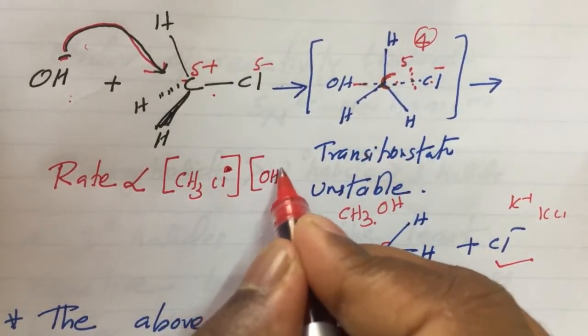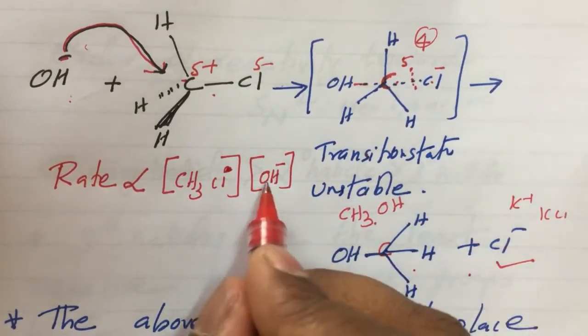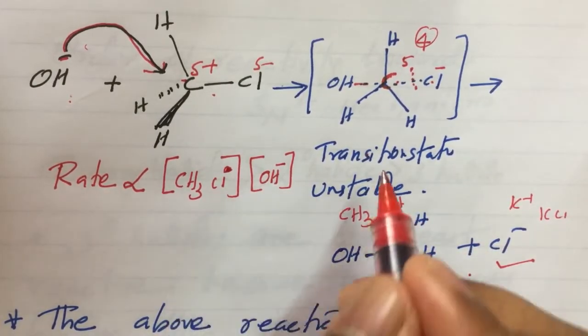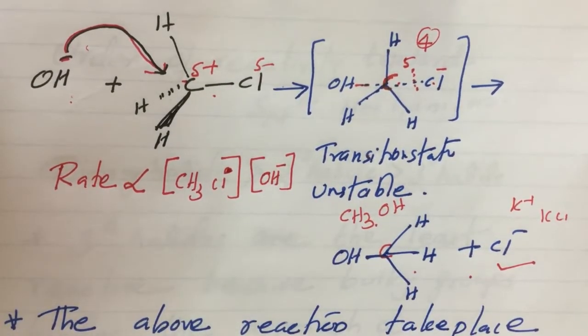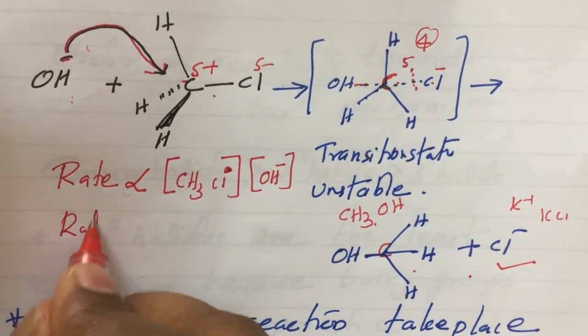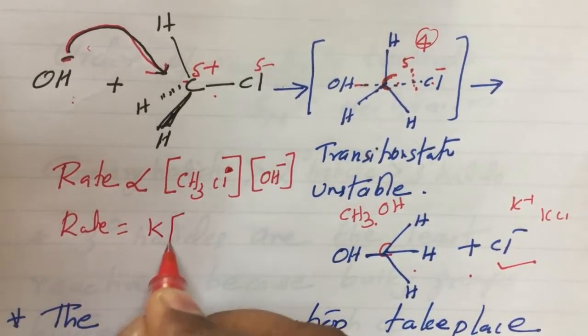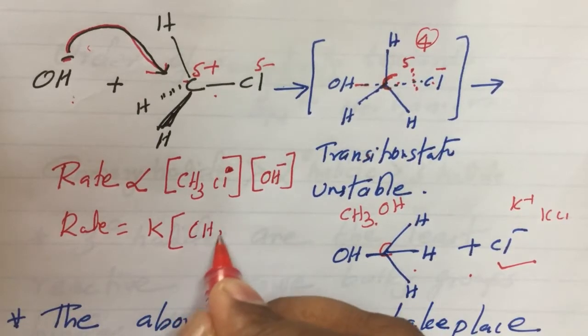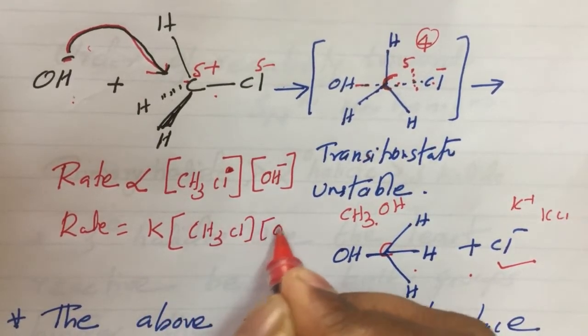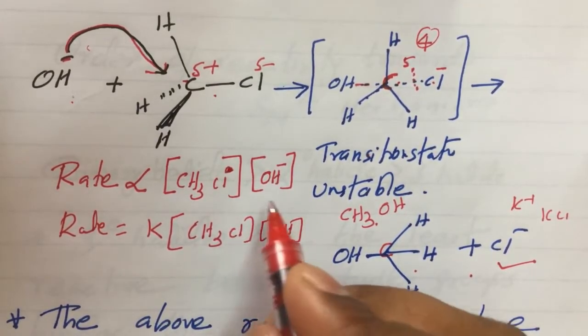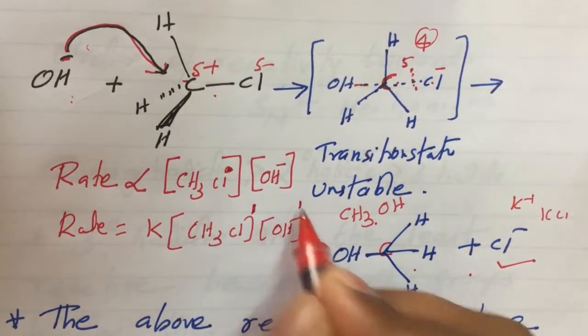Or we can write the concentration of OH minus, both are correct. Then rate is equal to K into CH3Cl and OH.